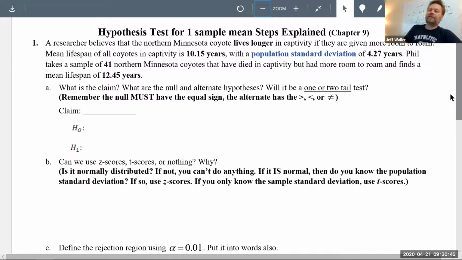Can you guys see the claim that somebody's making? Is anybody making a claim? If not, we don't do this sheet, but somebody is making a claim, so don't get too excited. Somebody believes something, which is a claim?